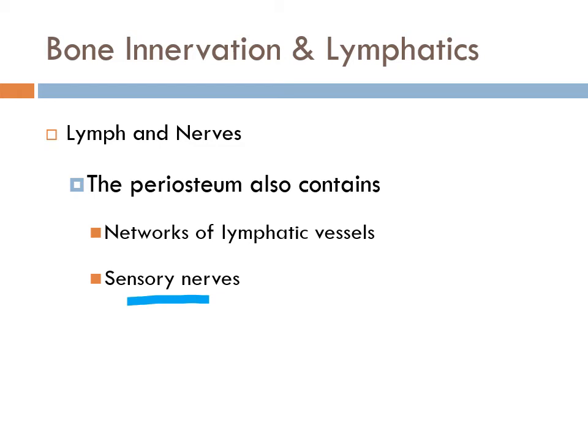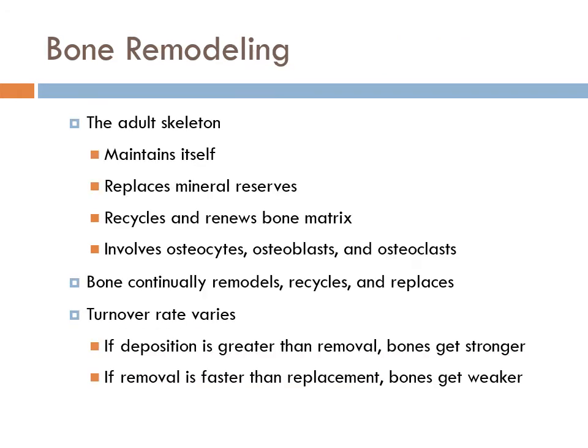If bone breaks were not painful, if you were to break your ankle and it didn't hurt to walk on it, you would continue to walk on it and then it would heal inappropriately or not heal at all. So it's important that we have a lot of nervous innervation so that it's painful when we break our bones, and lymphatics to drain all of the additional fluids.